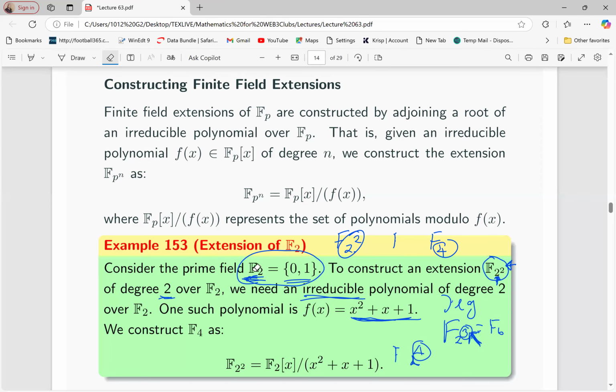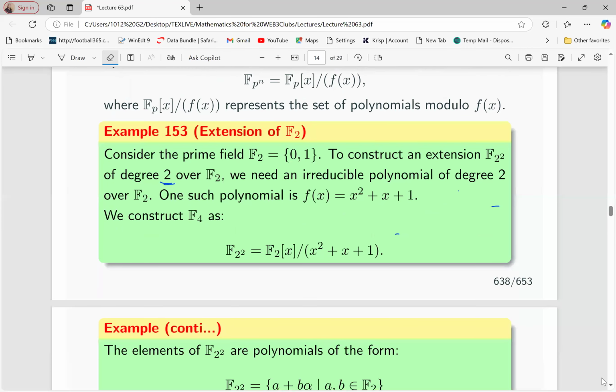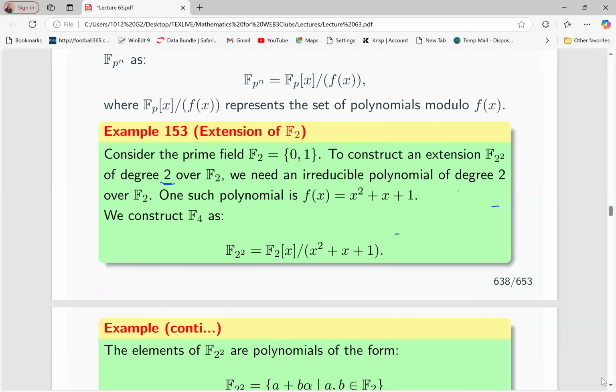Now, what is important, therefore, is how do we create this extension? We've understood what it means: if you're given F of 2 and you want an extension F2^2, first of all, you're thinking of a polynomial that is irreducible and of degree 2. But that concept of an irreducible polynomial comes later.